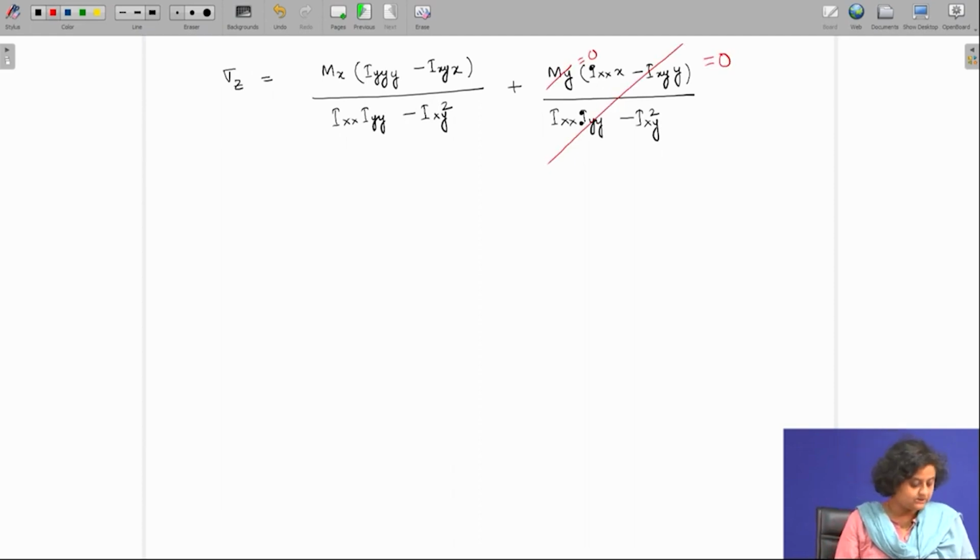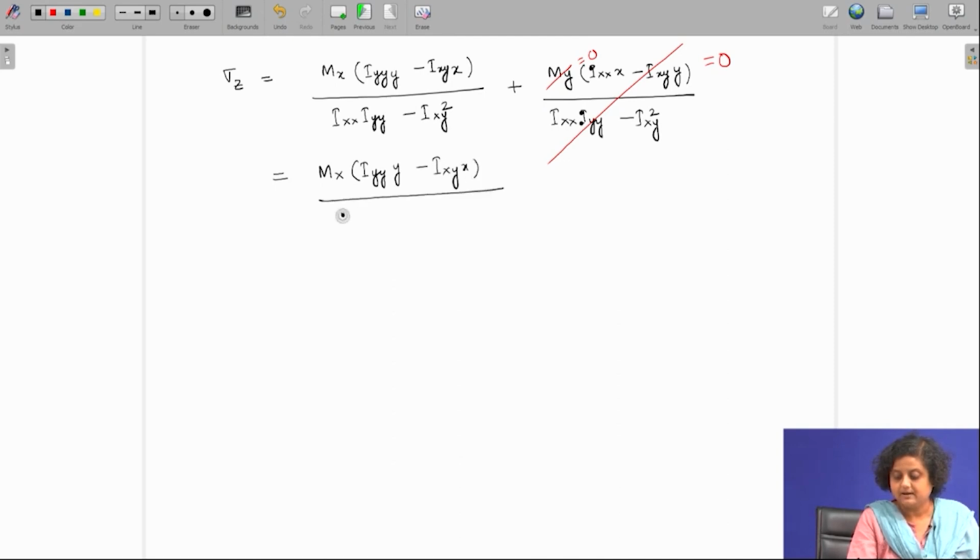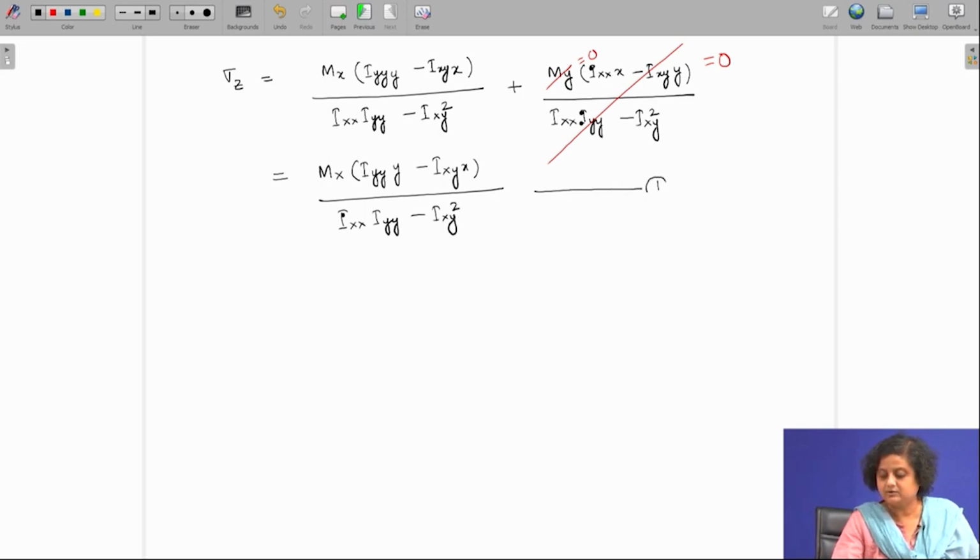So now this is equal to 0, since My is equal to 0. So we are just left with Mx into Iyy into y minus Ixy into x by Ixx Iyy minus Ixy square. Let me call this equation 1.